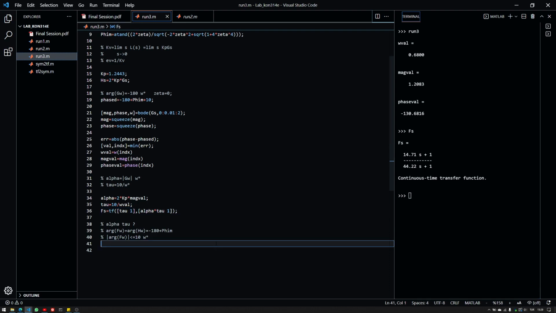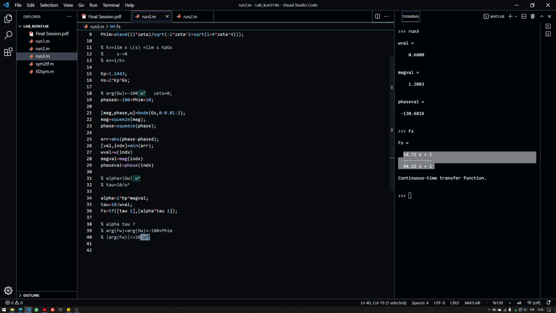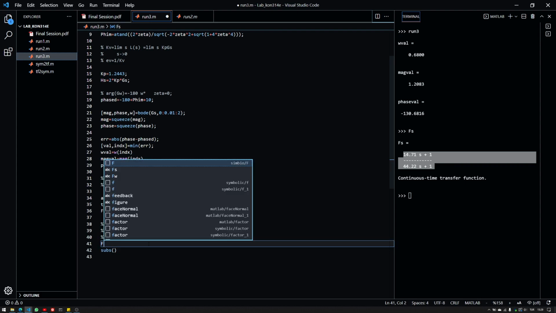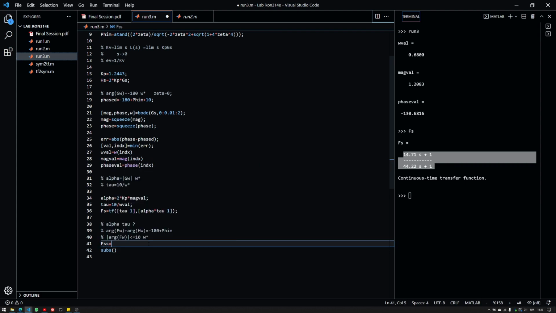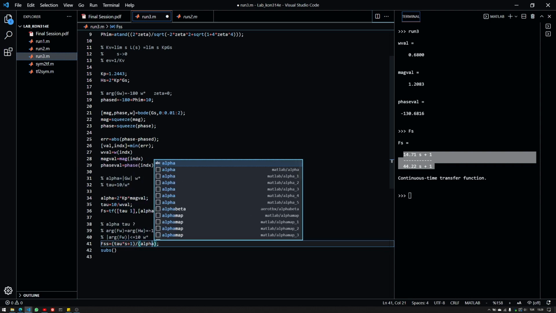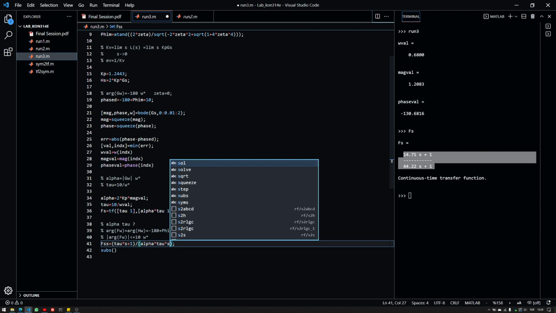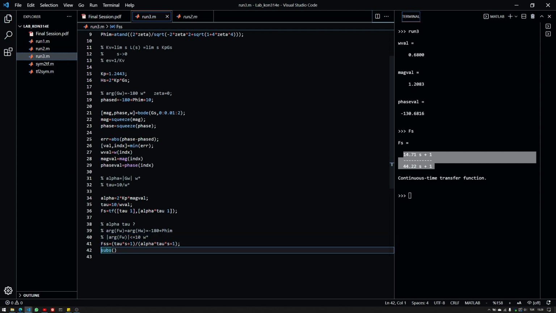So before I continue, I could convert this into a symbolic expression and plug in the omega star and see what the result will be. Let's do that. Let's create FSS, which can be created quite easily. Tau times s plus 1, and then alpha times tau times s plus 1. So I've created it.